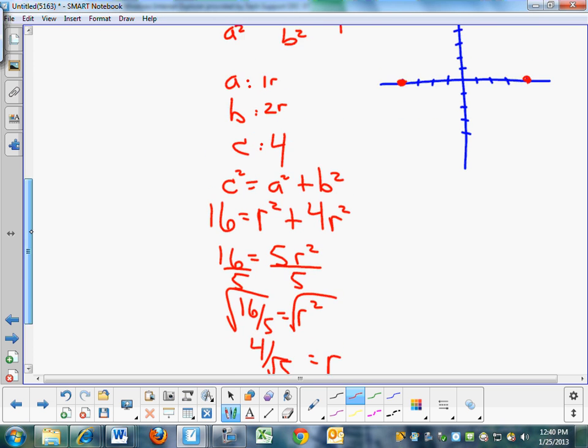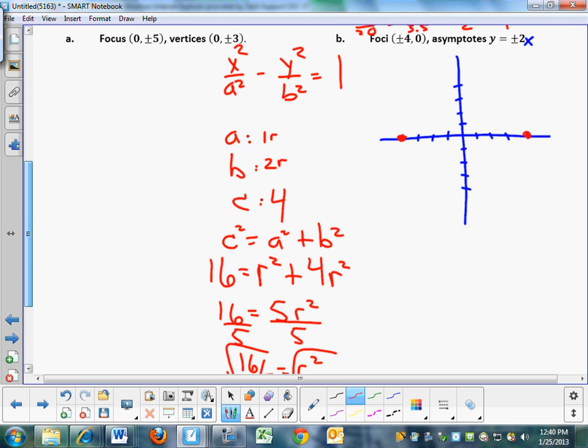So you got 4 square roots of 5 over 5. So a is 1 times that, 4 square roots of 5 over 5. B would be 2 times that, which would give me what? 2 times 4 square roots of 5 over 5 is 8 square roots of 5 over 5.